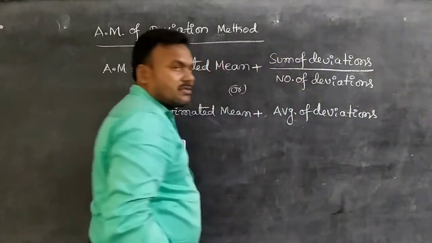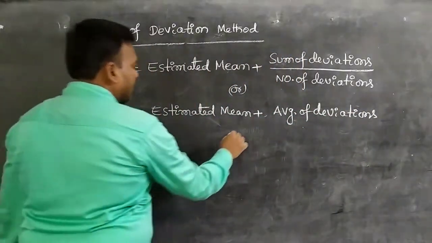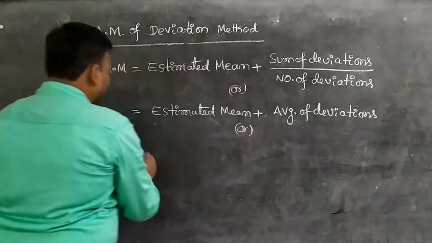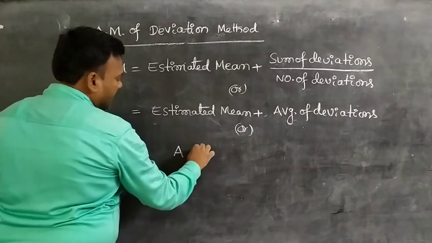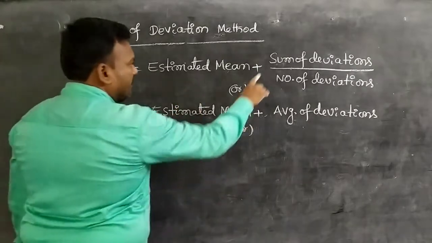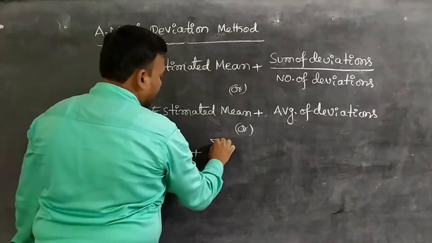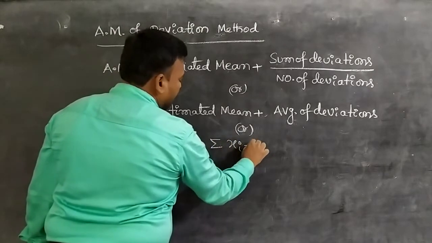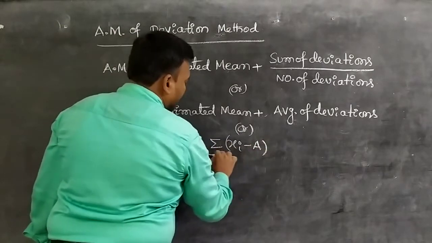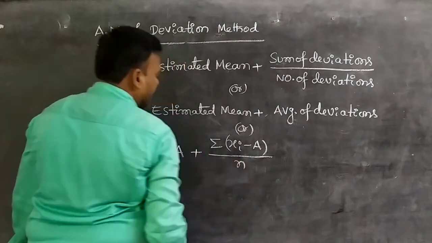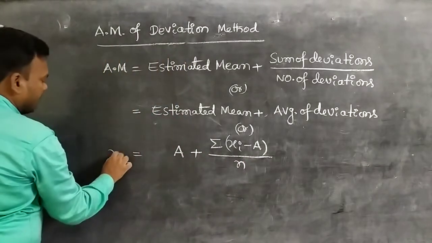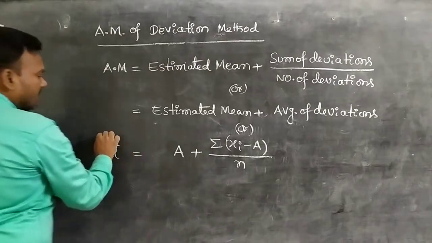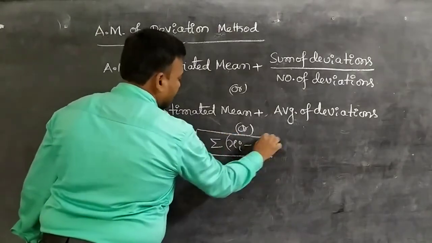In formula form, we write estimated mean as A plus summation xi minus A by n. The arithmetic mean is denoted by the letter x bar. This is the final formula, students.